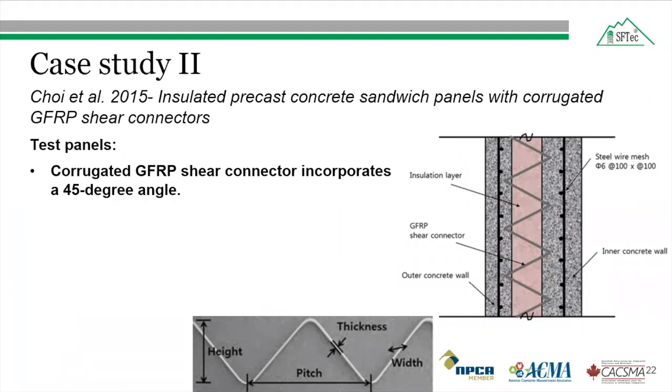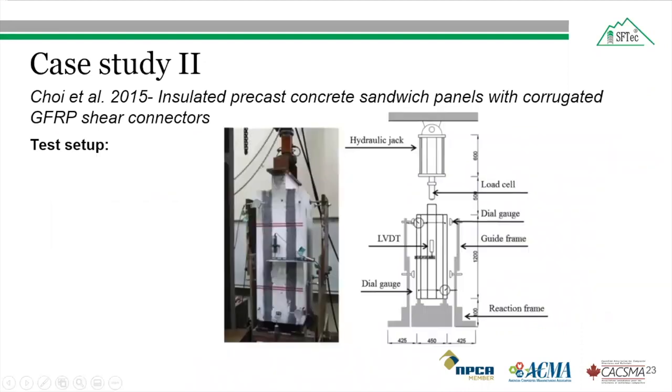Variables of the GFRP connector were used to investigate the toughness of the glass fiber reinforced polymer shear connector, namely its pitch, height, and width. The specimens were supported vertically at the bottom edges of the two outer concrete beads on steel blocks.